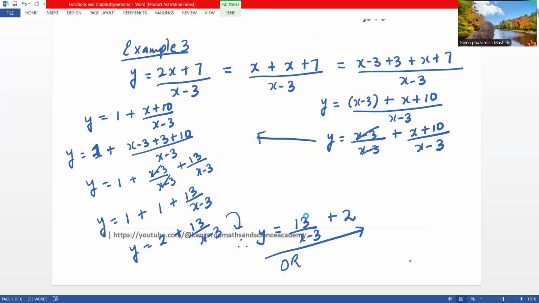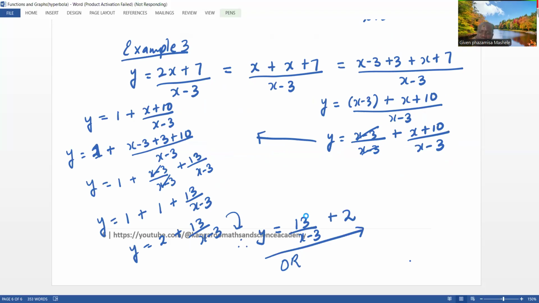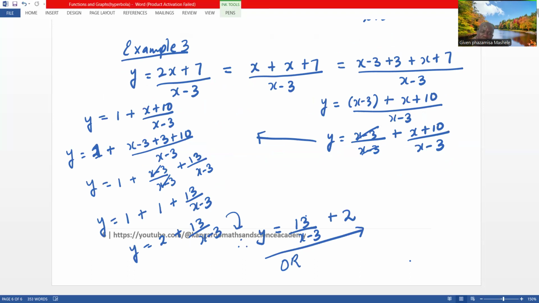x minus 3 plus 3 plus x plus 7. x minus 3 plus x plus 10 divided by, so this is 1 plus x plus 2. Okay, fine. 1 plus into x minus 3 plus 3, which will be 13. So if we multiply this back, would it give us the answer?